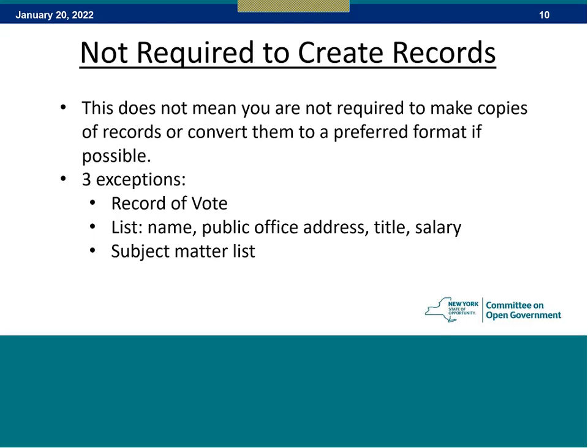Many agencies, particularly local municipalities, tend to adopt the record retention and disposition schedule established by the New York State Archives as their subject matter list, and this is perfectly 100% acceptable. There's no need to reinvent the wheel if you're a municipal employee. The New York State Archives has already done this for you, so you can always just adopt the record retention and disposition schedule as your subject matter list.